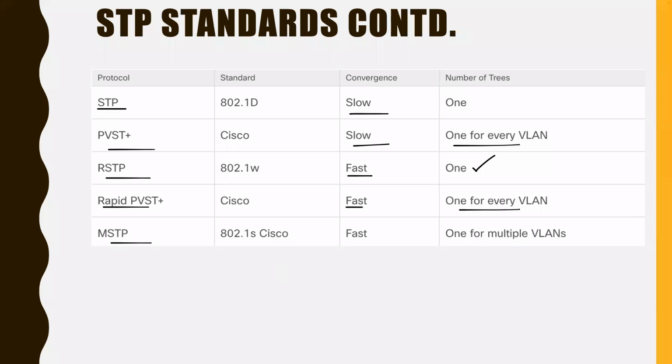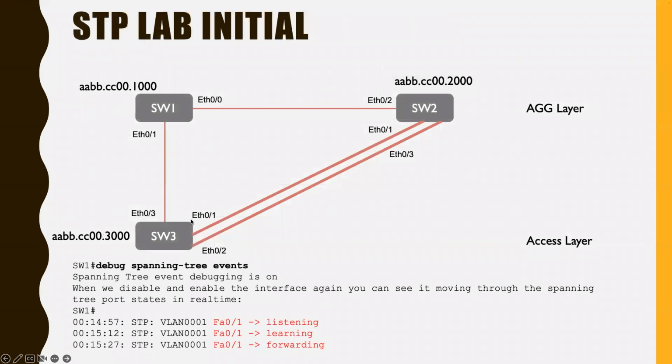But yes, we want to configure it to make it static, I mean deterministic. For example, in our aggregation layer switches or access layer switches, we would like to have deterministic behavior. We want to configure switch 1 and switch 2 as our root switches. We never want switch 3 to be elected as a root switch. So that kind of tuning we will need to do manually.